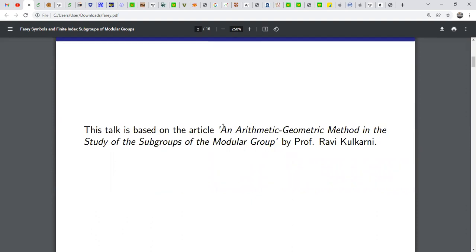Since the modular group is the free product of Z mod 2 and Z mod 3, every finite index subgroup of the modular group would be the free product of a certain number of copies of Z, a certain number of copies of Z mod 2, and the remaining factors will be a certain number of copies of Z mod 3.